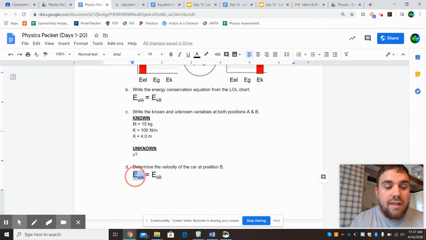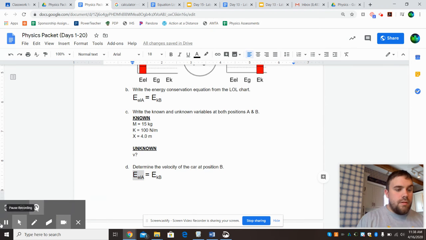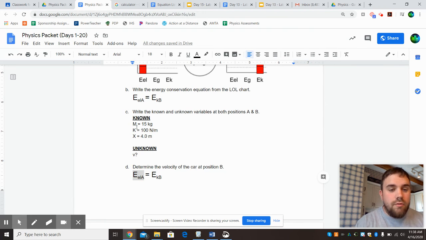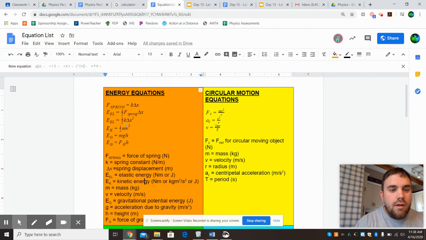For the elastic energy, I know the spring constant and the displacement. So is there an elastic energy equation that has spring constant and displacement? There sure is. So I'm going to use that one.